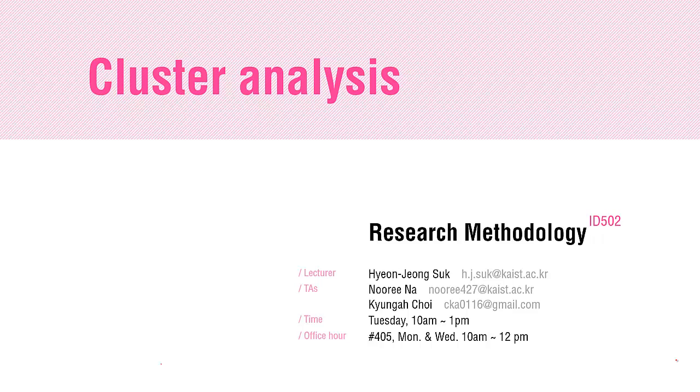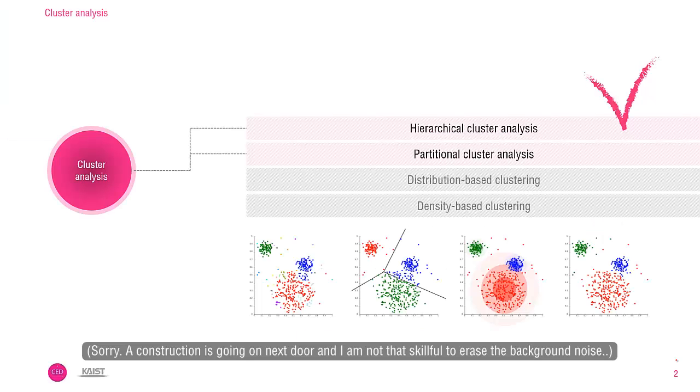Hi, in this video lecture, we are going to learn cluster analysis, another very practical analysis technique which could be used in design research. There are four different approaches to cluster items: hierarchical cluster analysis, partitional cluster analysis, distribution-based cluster analysis, and density-based cluster analysis.